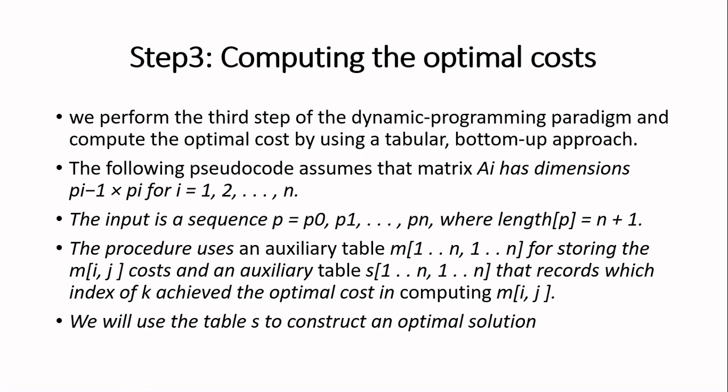That is m of 1 to n comma 1 to n, for storing the m of i comma j costs, and an auxiliary table s, 1 to n, that records which index of k achieved the optimal cost in computing m of i comma j. Then we will use the table s to construct an optimal solution.